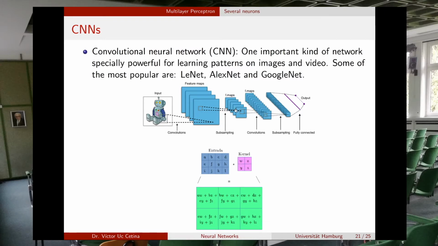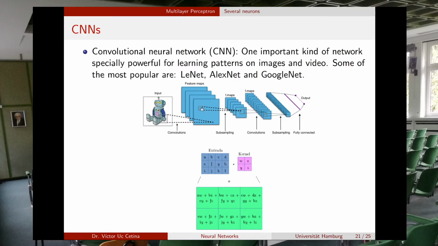And then you can have subsampling, which is simply to take a submatrix, like this small submatrix, and consider only the maximum number from it. For example, with a matrix of size 2 by 2, you just take the maximum of this submatrix, and that number creates an output in the next layer.